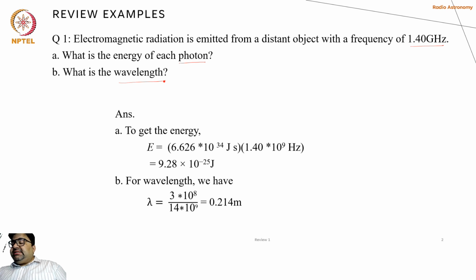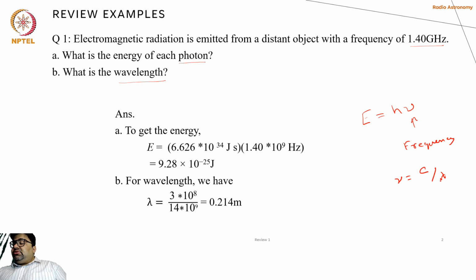So we revisit the basic thing that energy E is given by h nu, where nu is the frequency. And also nu is nothing but c over lambda, where lambda is the wavelength.